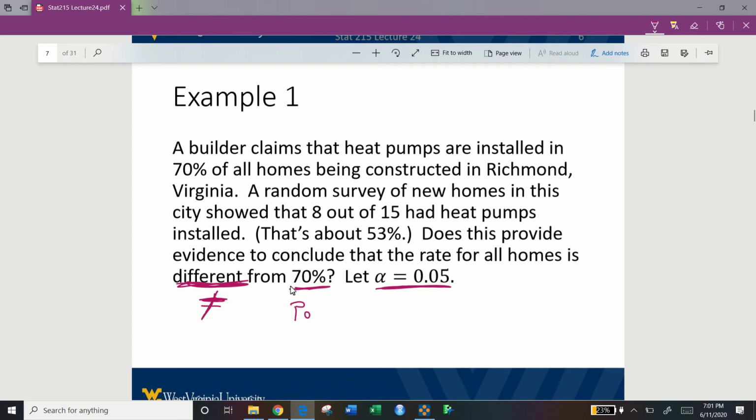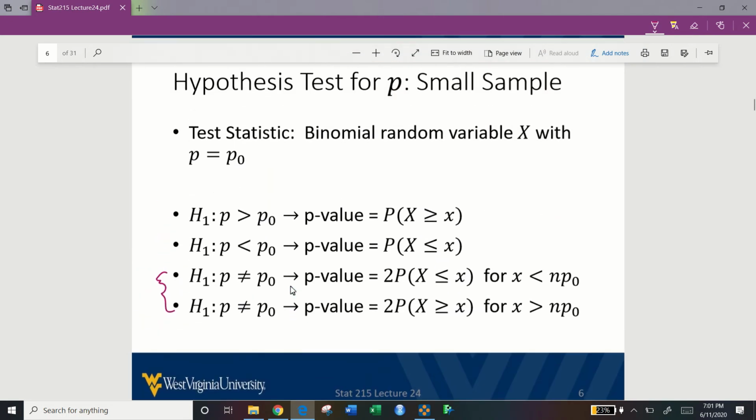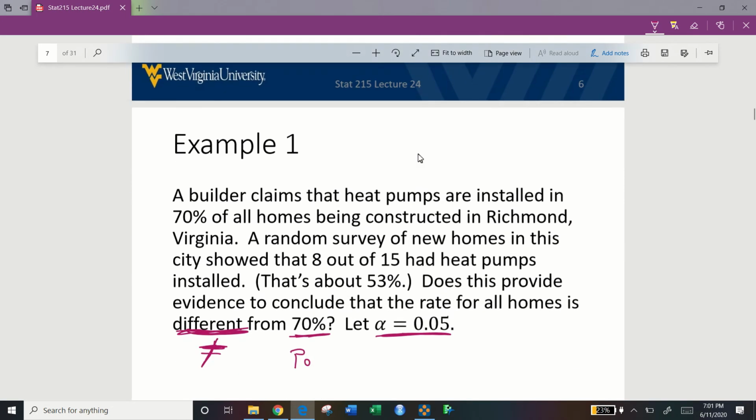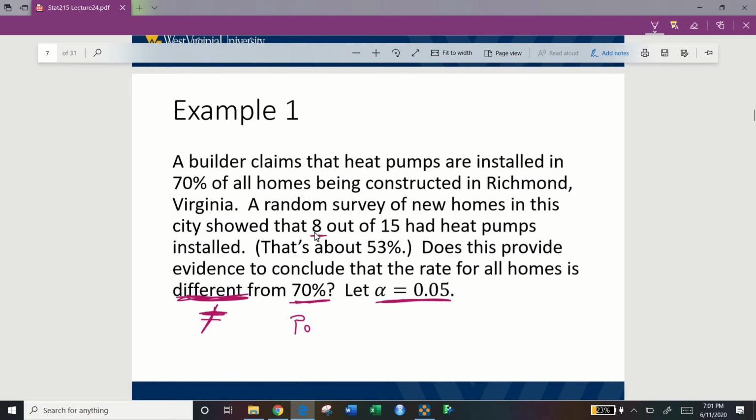As we stated before, our test statistic is going to be our binomial random variable x with p equal to p naught. Our random variable x in this case is going to be 8 because we are talking about that 8 out of 15 had heat pumps.